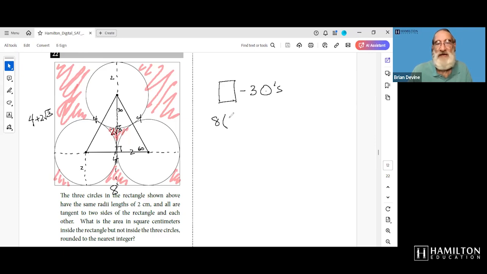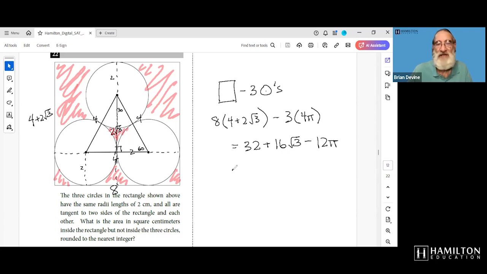So I take 8 times 4 plus 2 rad 3, which is the area of the rectangle, and I take out 3 times 4 pi, which is the area of the 3 circles. And I get something like 32 plus 16 rad 3 minus 12 pi.